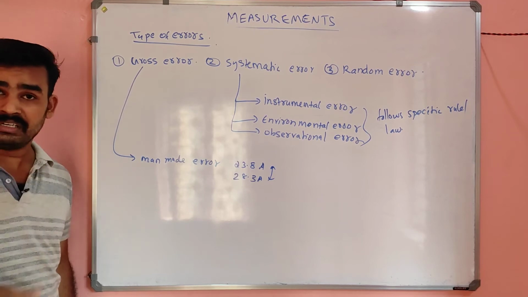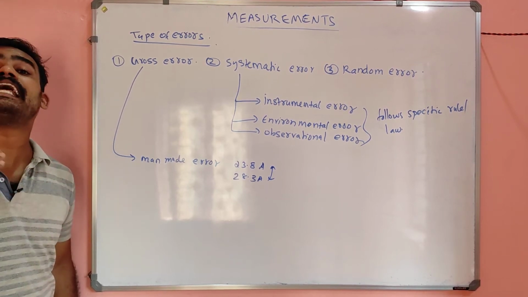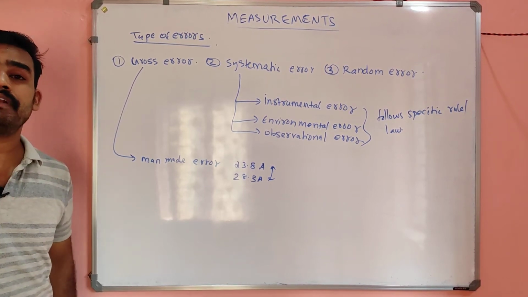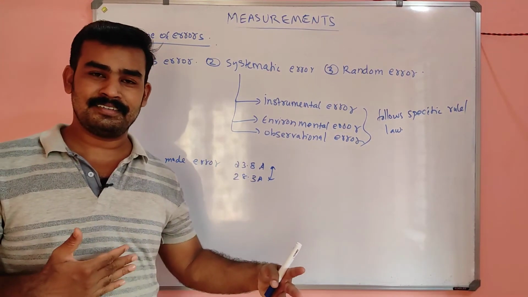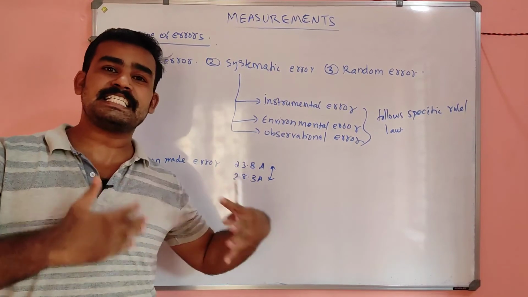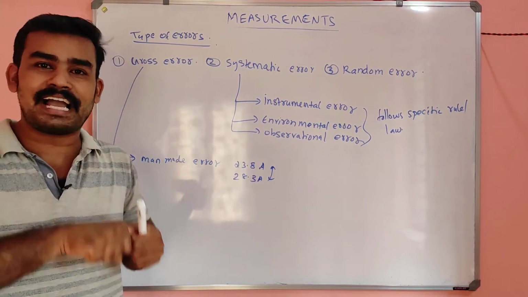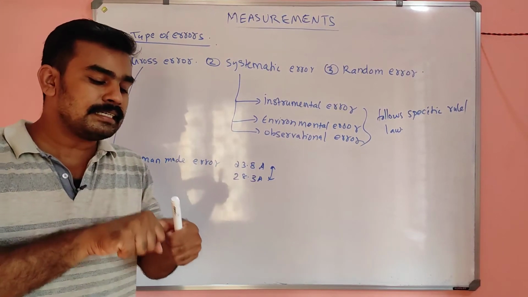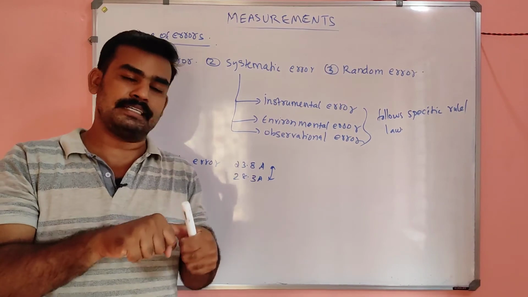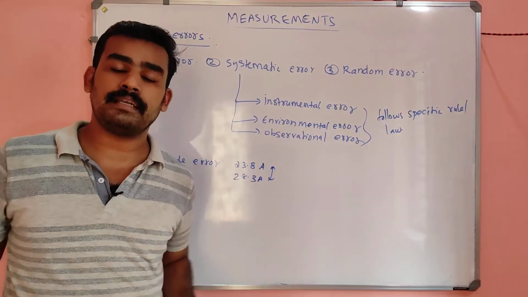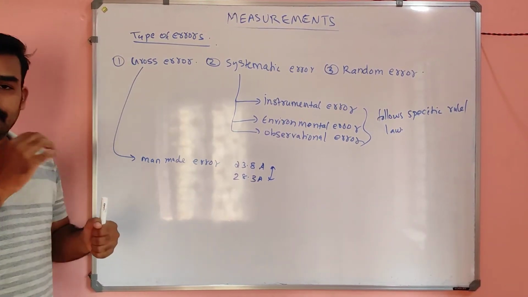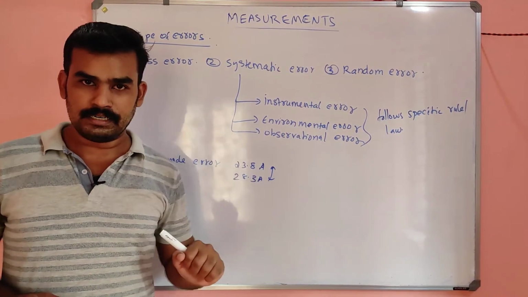That means there will be an error, and that error will be constant. It follows a certain rule, because the spring is weakened by a certain factor, so that much error will be there in the reading.